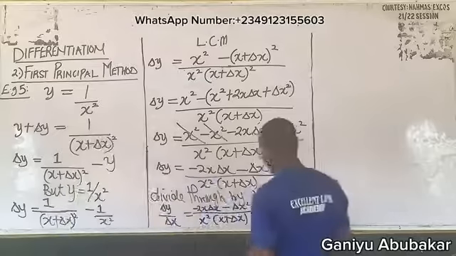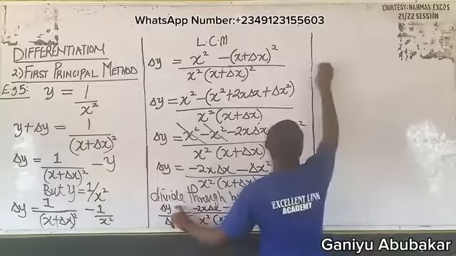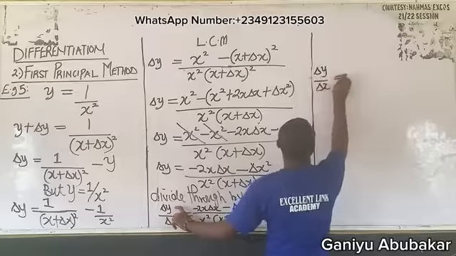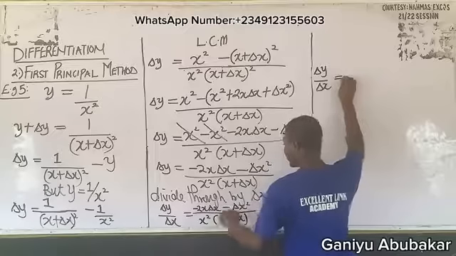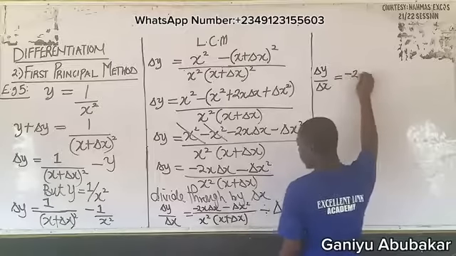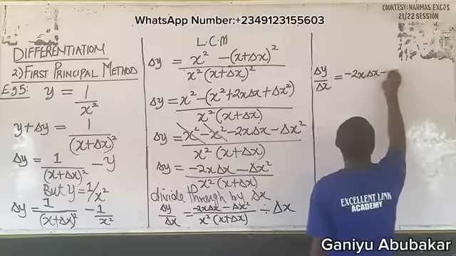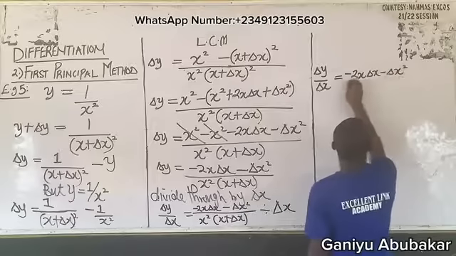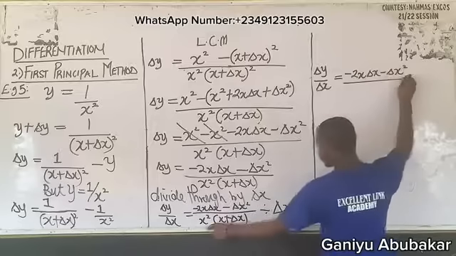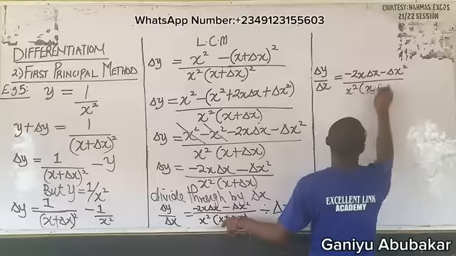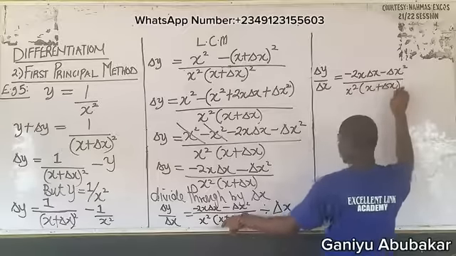From here now, I will still have my normal change in y over change in x. Change in y over change in x is equal to, repeat everything here, minus 2x change in x minus change in x squared all over, this one here becomes x squared into x plus change in x, right?